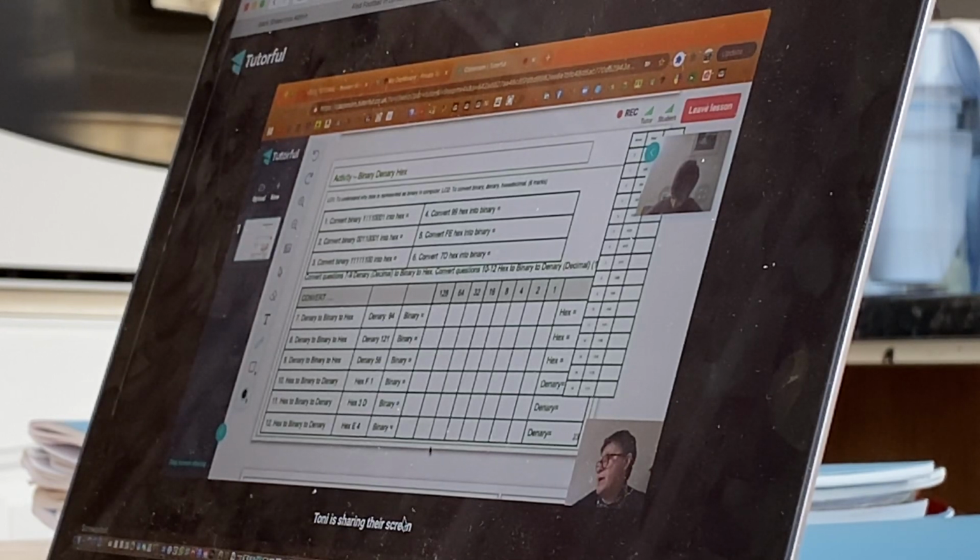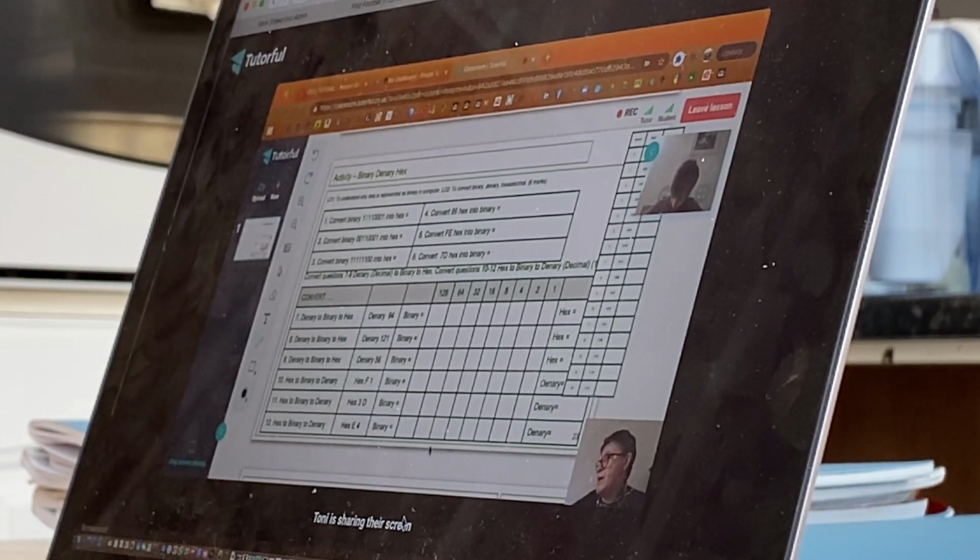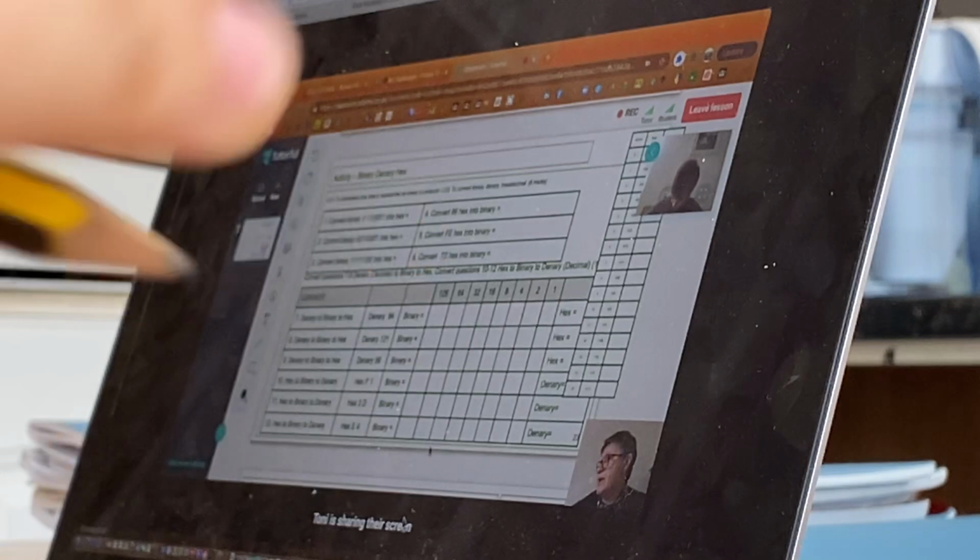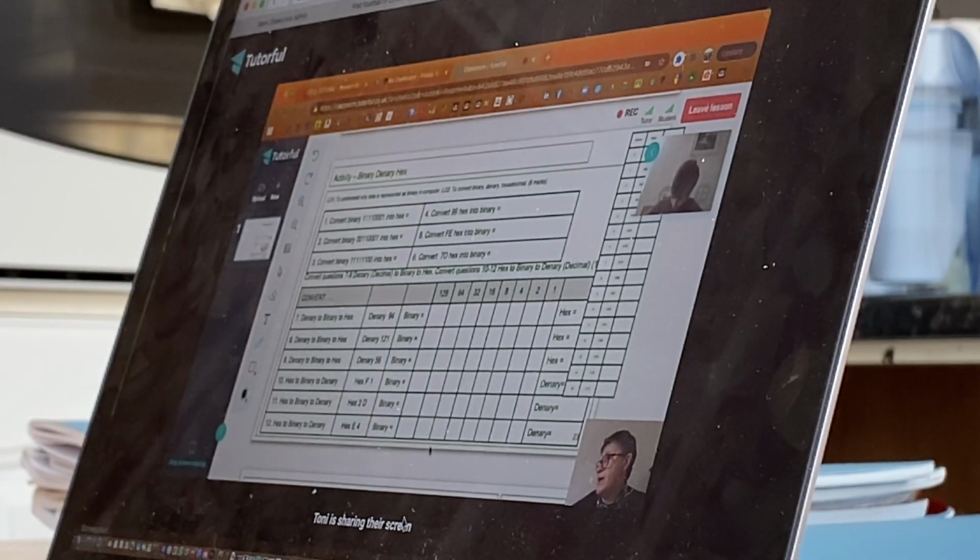And now, big numbers to add up again. So you've got to add up 128 and 64, which is 192. And then add 32 and 4. 228. Absolutely brilliant.